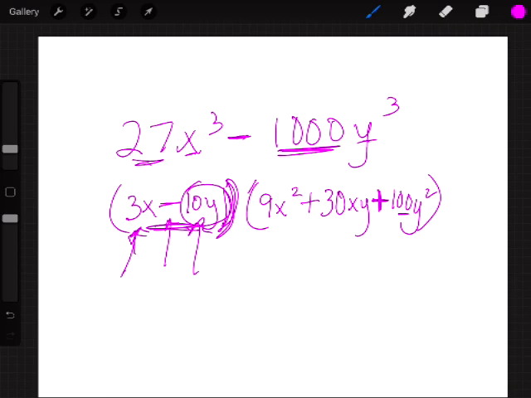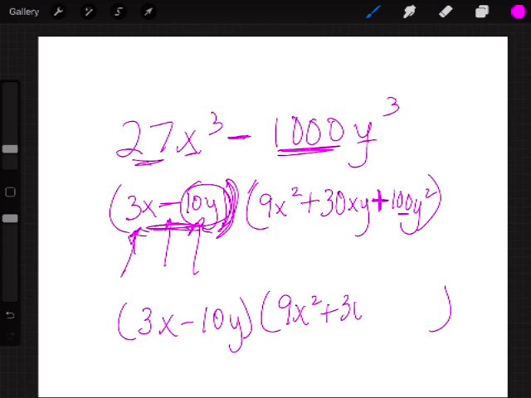So your final answer, your binomial is 3x minus 10y. Your trinomial is 9x squared plus 30xy plus 100y squared. Final answer. This is the sum and the difference of two cubes.